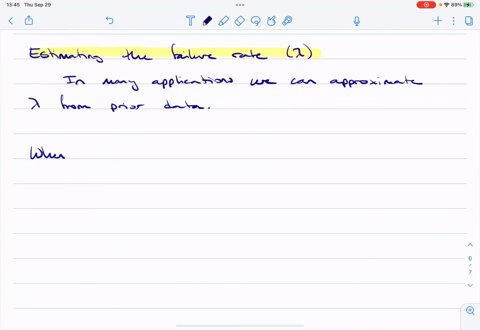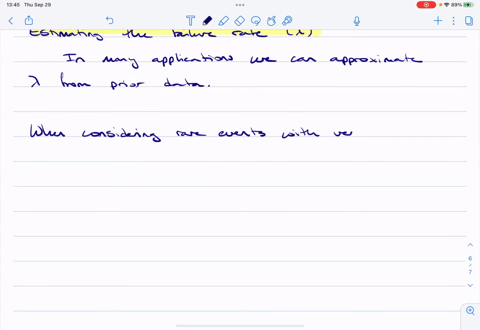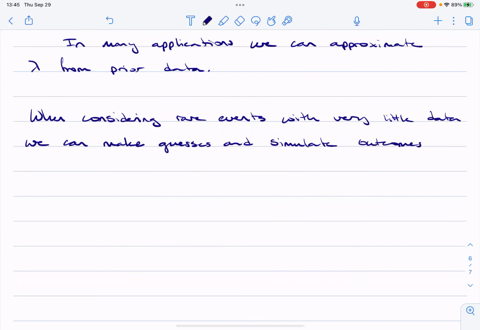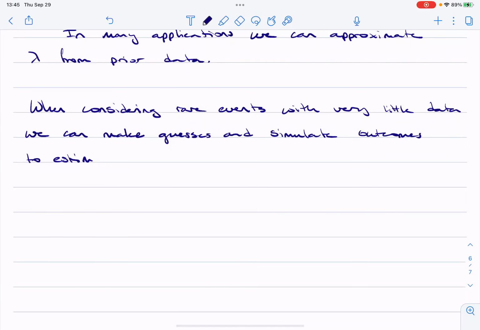So when considering rare events with very little data, we can make guesses and simulate outcomes to estimate the threshold values for lambda. Oh, that looks like an X.